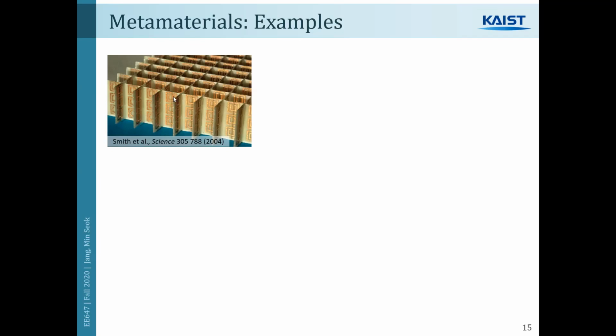Well, although this is 1 centimeter, their experiment was done in microwave frequencies. So for them, the wavelength of an electromagnetic wave was larger than 10 centimeters. So this is much smaller than the wavelength, so we can still call this nanophotonics.